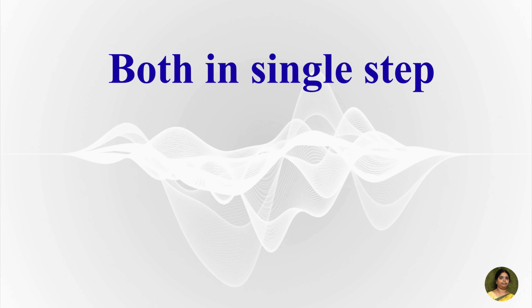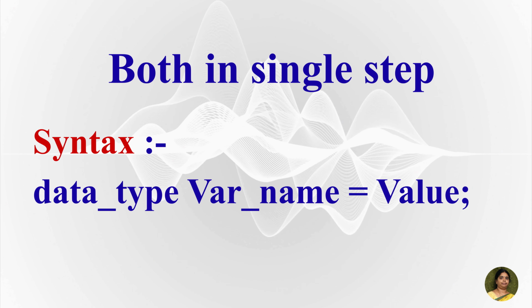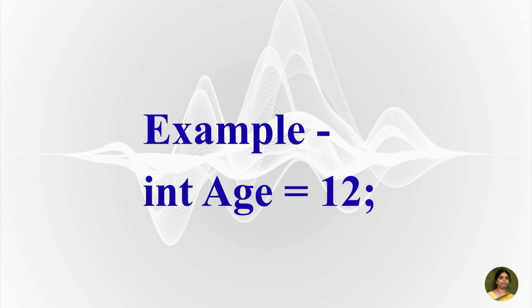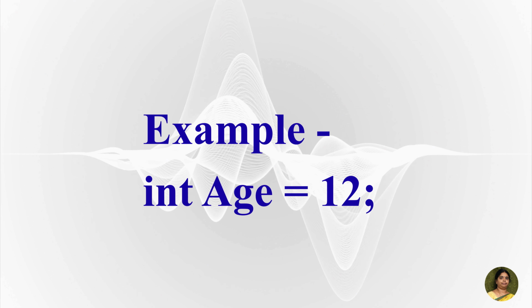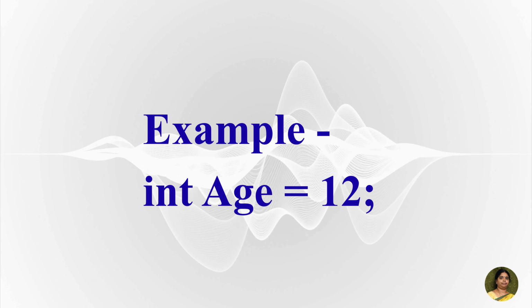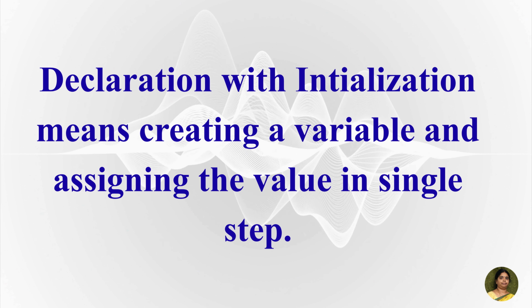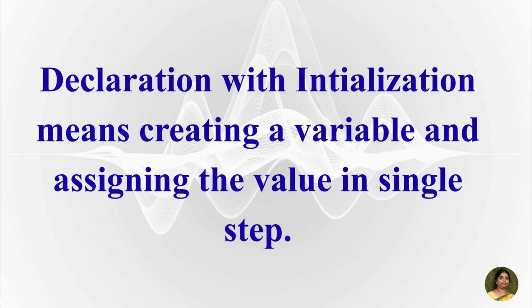Declaration with initialization: we can also do both in one line, like data type, variable name, and the value. Example will be int age = 12. This is the most commonly used method. Declaration with initialization means creating a variable and assigning a value at the same time.